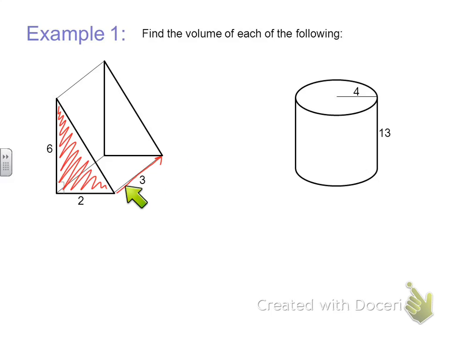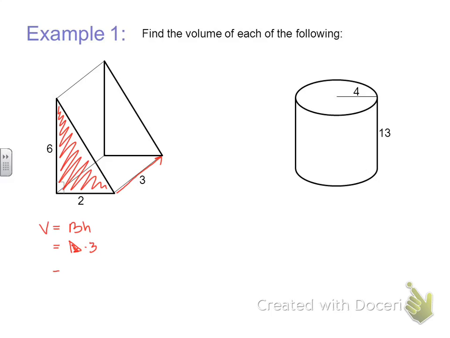But this technically is h because it's the distance between the two bases. Does everyone understand that? Okay. So when I'm doing the volume, I know that I am doing base times height, where my base is that triangular shape. And what's my height? 3. Yeah, 3. Technically the distance between the two bases.